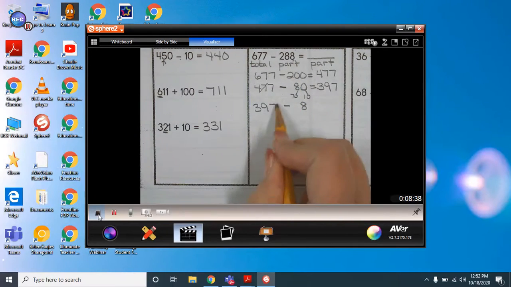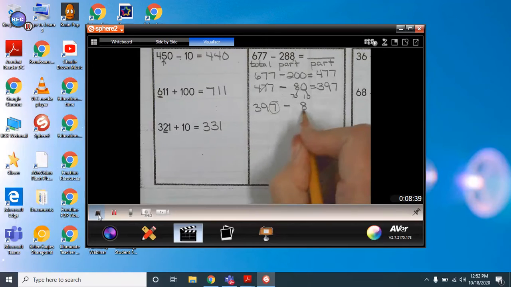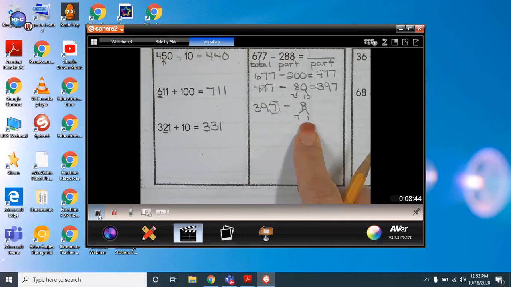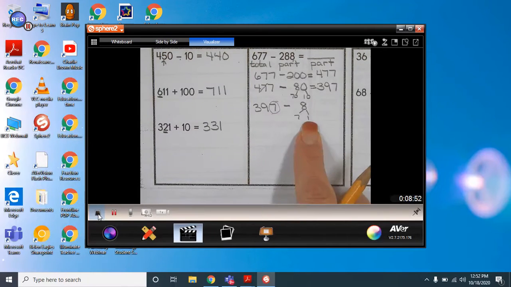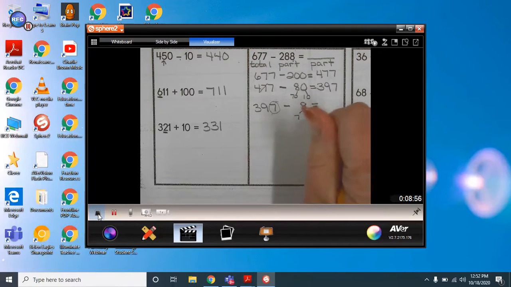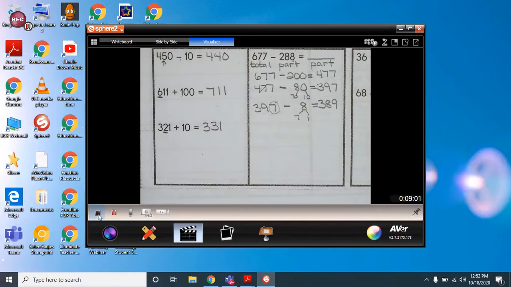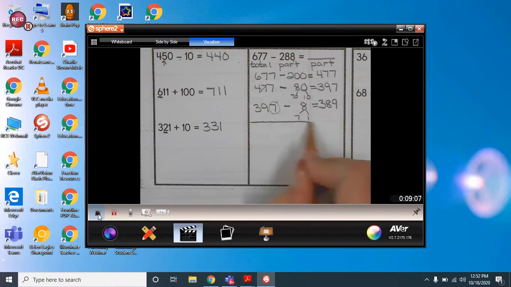We have 7 that we can subtract, and we need to subtract one more after that. If I subtract 7 from 397, that's 390, and then subtract one more, that leaves us with 89. So this is just a way of thinking about taking apart numbers and using them flexibly.